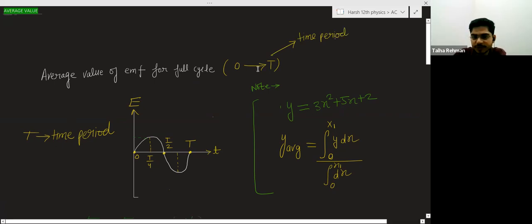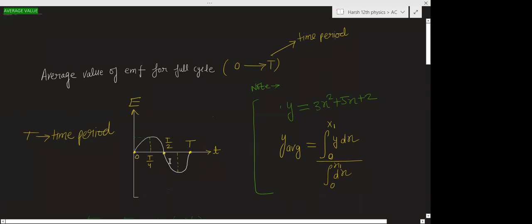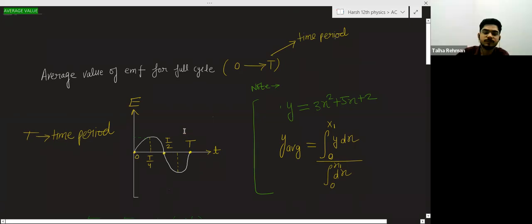So 0 to T we will have to calculate, and the graph of the EMF versus time is this sine graph. So EMF is changing continuously. T is the time period.